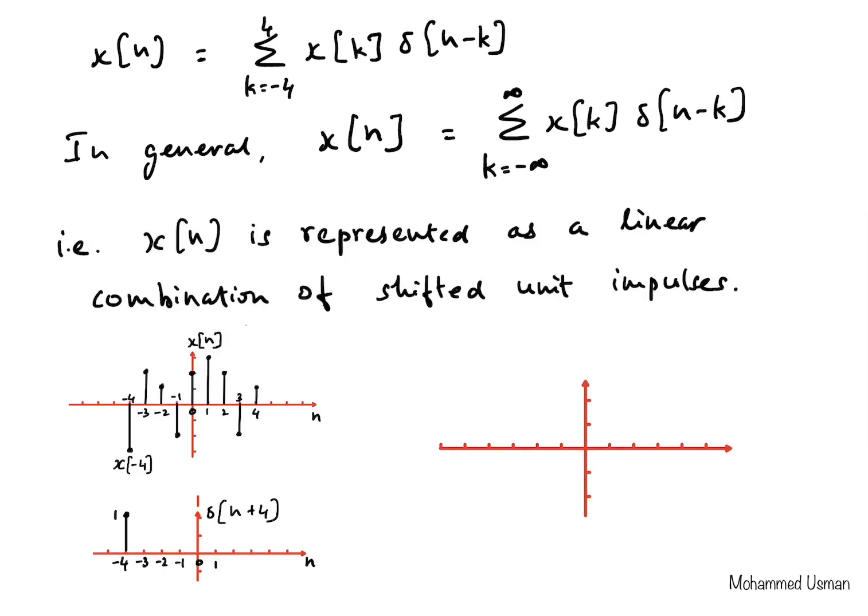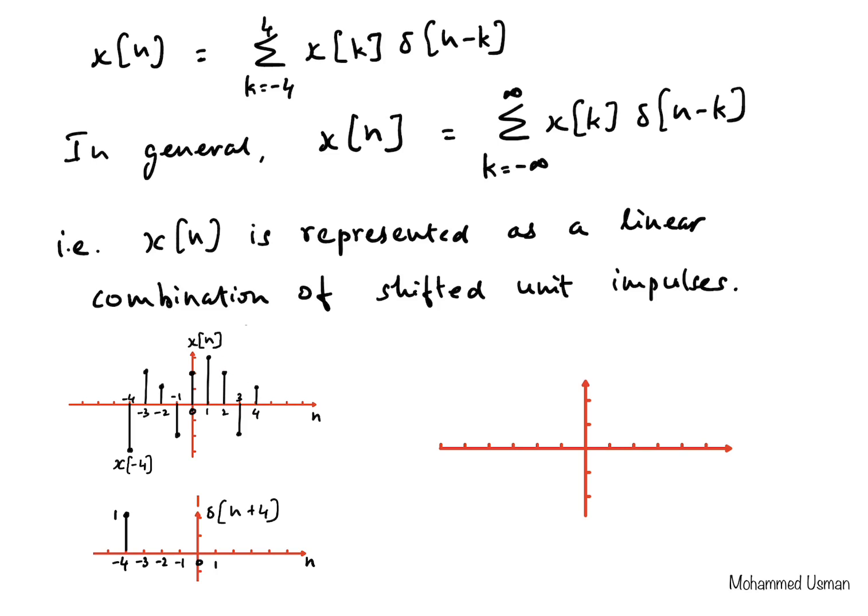So basically what this means is that as we go through this equation for different values of k, this expression is extracting the values of the x of n at each value of k, right? So for example, if I take this previous example of x of n, which has values from minus 4 to plus 4 for n, so when k is minus 4, we get x of minus 4 into delta of n plus 4.